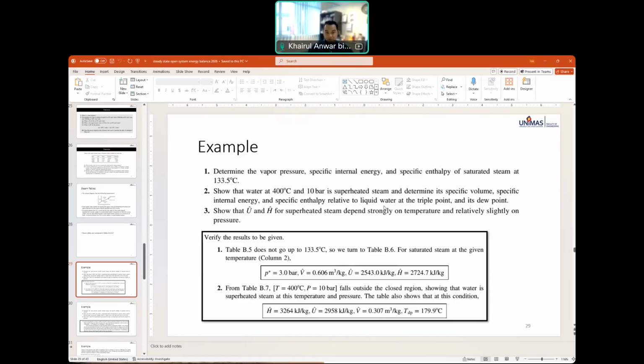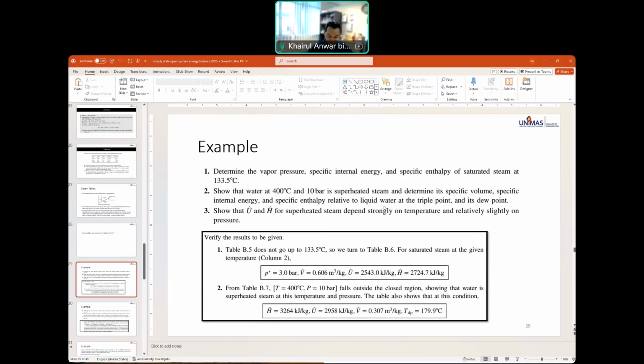It says 10 bar. So for 10 bar, if you refer to table B7, the first page 630, under the row 10 bar, the temperature goes until 350, but the question is asking 400. So you need to refer to the next page.